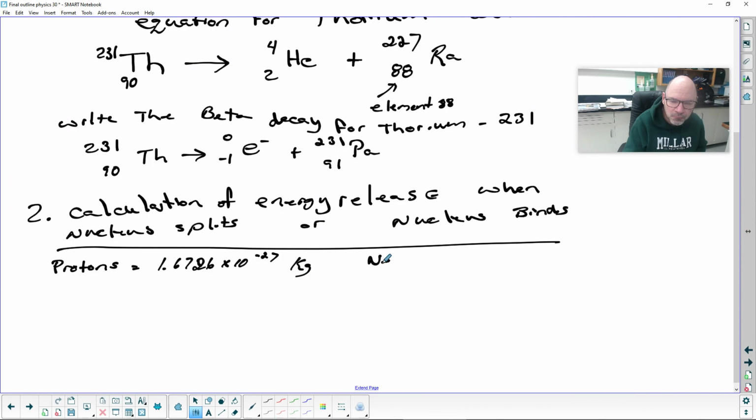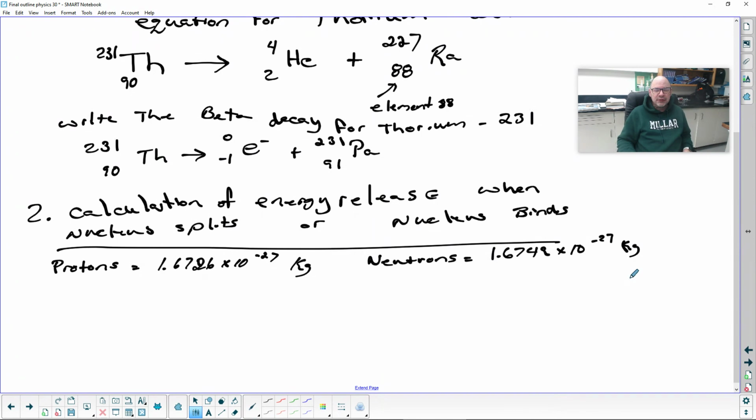Neutrons equal, now I have this in 4.9 in the question. Now the key is all the masses will be given in the question, so you don't have to look them up. As soon as you see some masses in there, you can clue in, okay, I'm going to be using E equals mc squared, and I'm going to be calculating a mass difference from the nucleus mass to the sum of the particles' mass. So you're going to do that. So let's do an example.